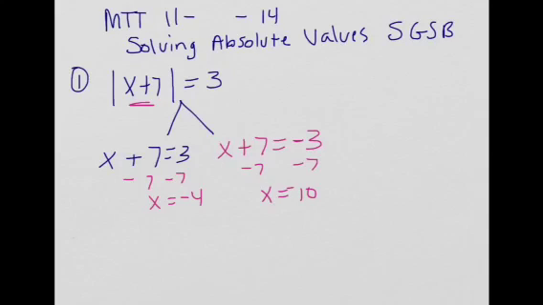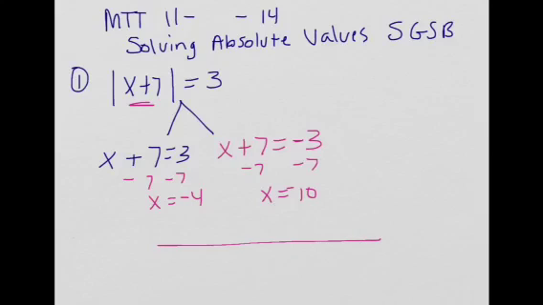So if we do the mental math, negative 4 plus 7 is positive 3, and the absolute value of positive 3 is 3. We can also substitute in negative 10. So negative 10 plus 7 is negative 3. The absolute value of negative 3 is also 3.